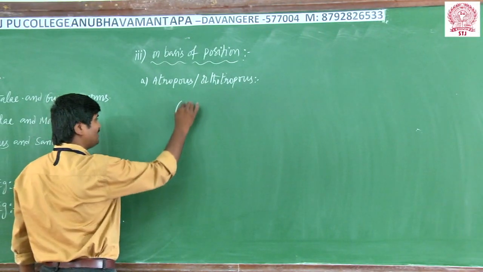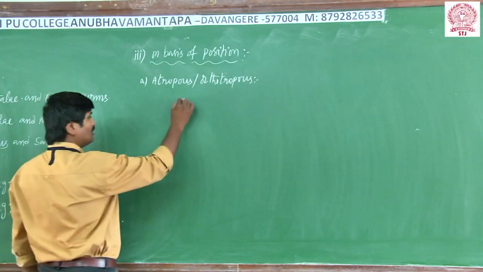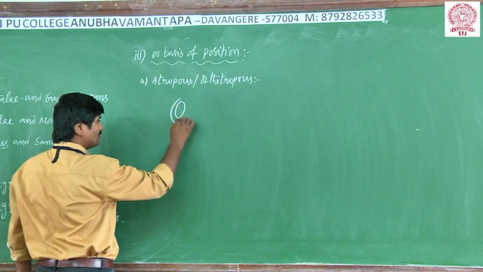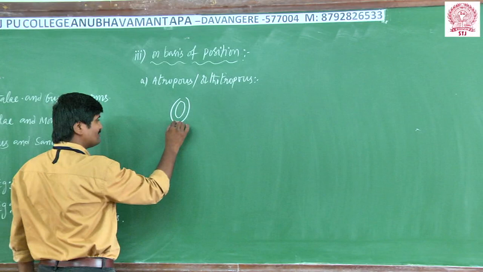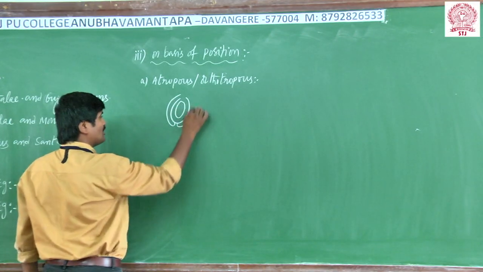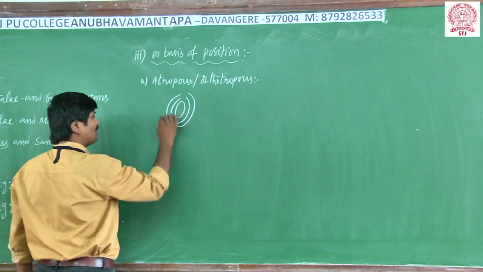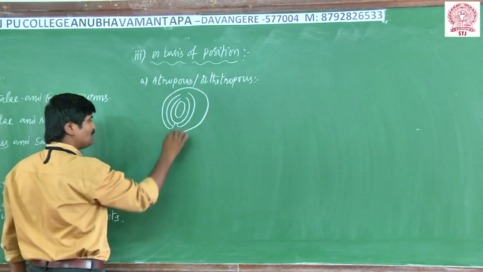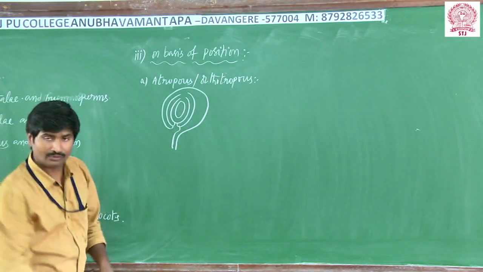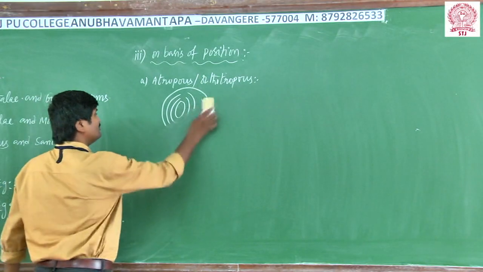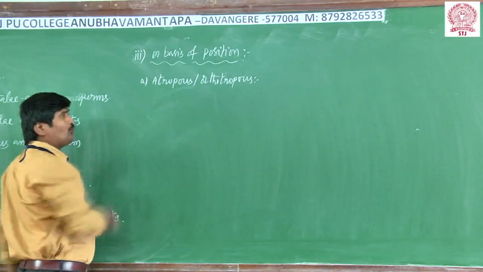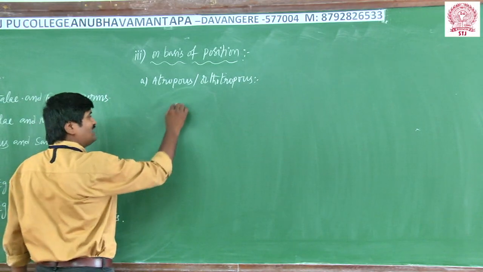See the structure of the atropous ovule. Central position embryo sac, nucellus, integuments. The common type of ovule is bi-integumentary. Atropous or orthotropous is a straight ovule.